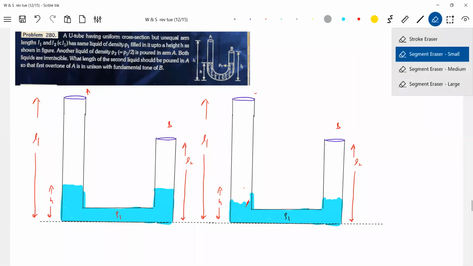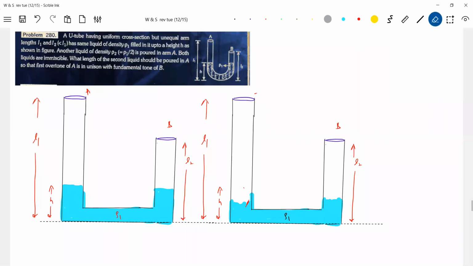Right, it's not coming. Yeah. I think I'm showing the level got decreased. Here the level got increased.